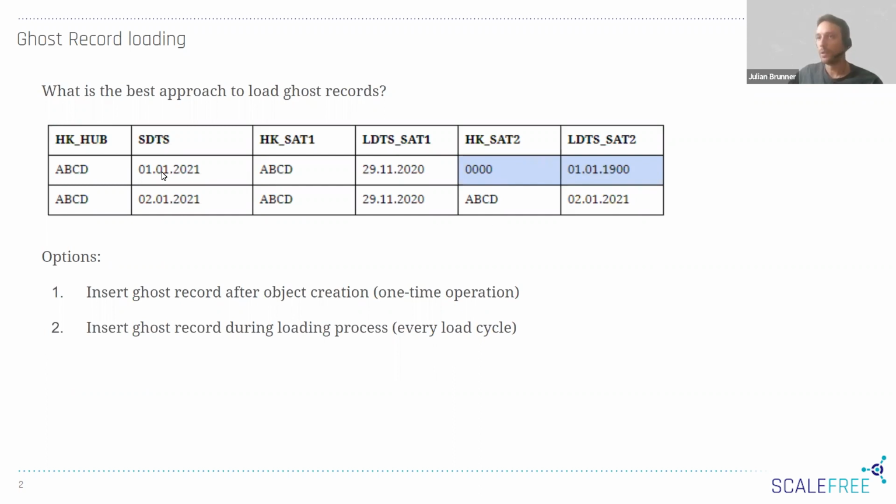The whole record for this business key won't appear. So as I said, the second option is always checking if the ghost record is missing, and it's the safer option. But both variations are valid and can be automated with an automation tool.